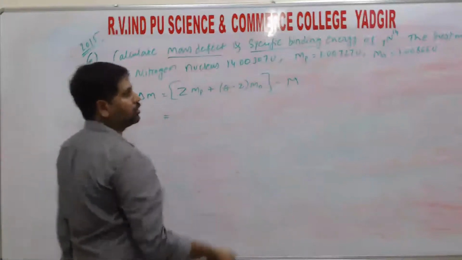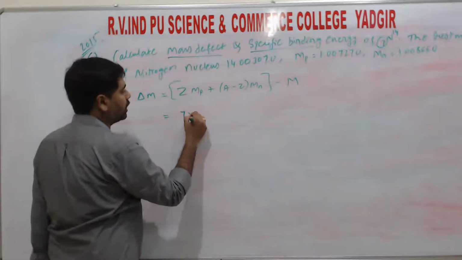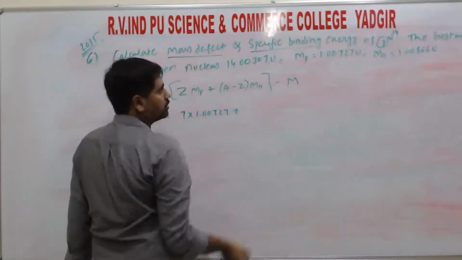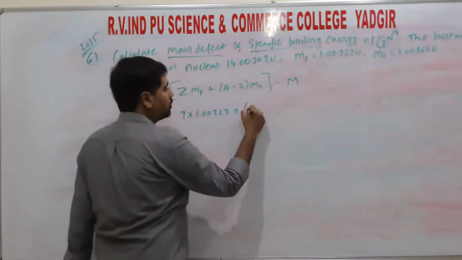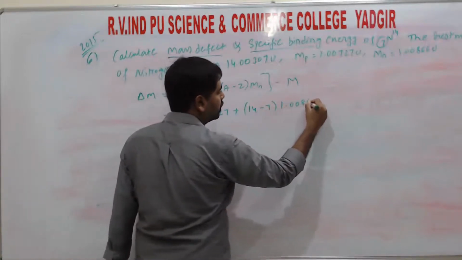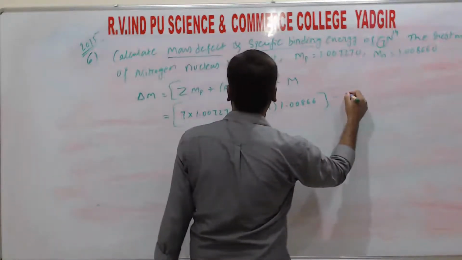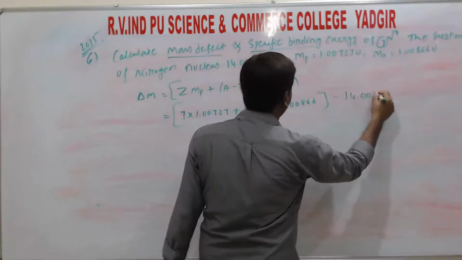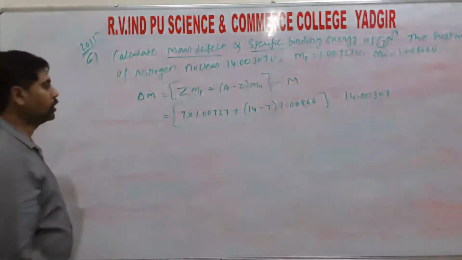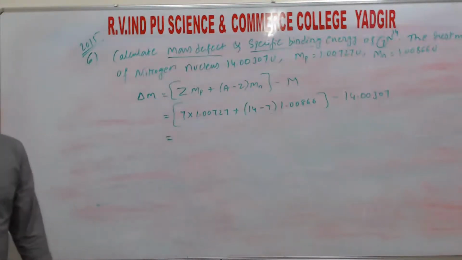Here the Z value is 7, so 7 into 1.00727 plus A minus Z, that is 14 minus 7, into 1.00866 minus the rest mass they gave, 14.00307 U, right?